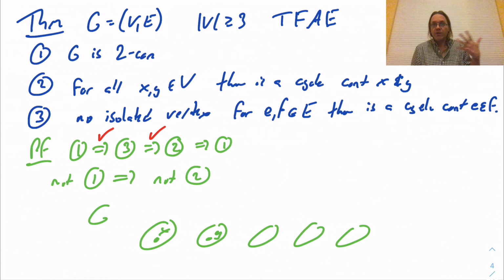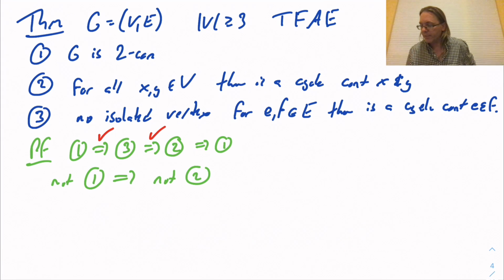So in other words, assuming we violate condition 1, I'm showing that you also violate condition 2. And we've just checked that if you violate condition 1 because your graph is not connected, then you certainly violate condition 2.